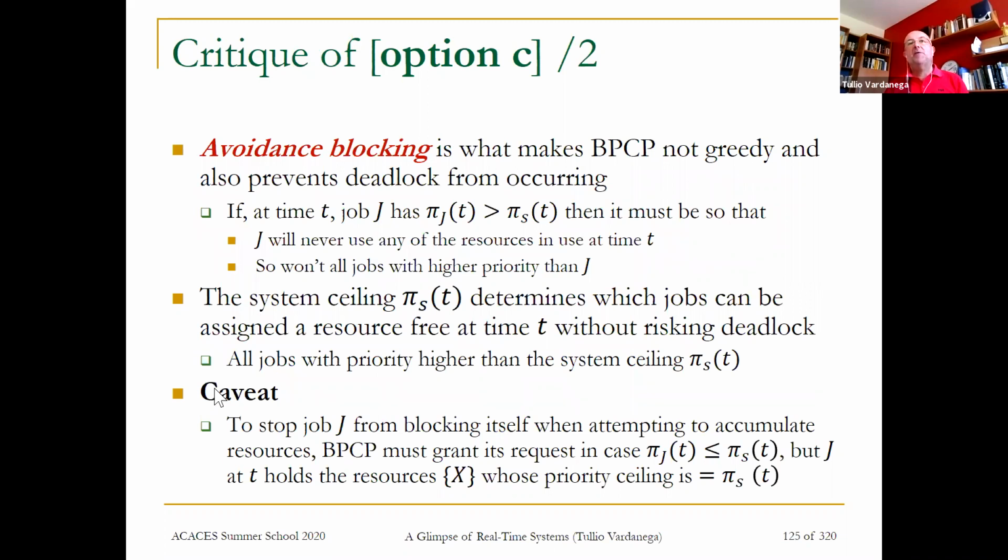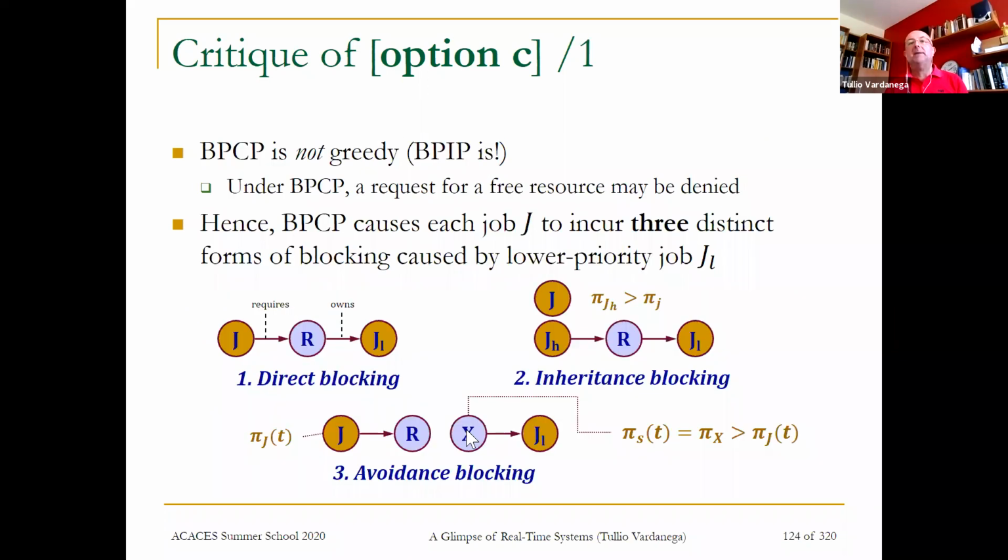And of course, I'm now adding one particular blocking, because first we had direct blocking. Say, I want a resource, and the resource is busy. So this guy is blocking me. Then we had inheritance causing another blocking, because now I'm donating my priority so that the guy with lower priority is temporarily able to preempt, or rather, not allow me to continue.